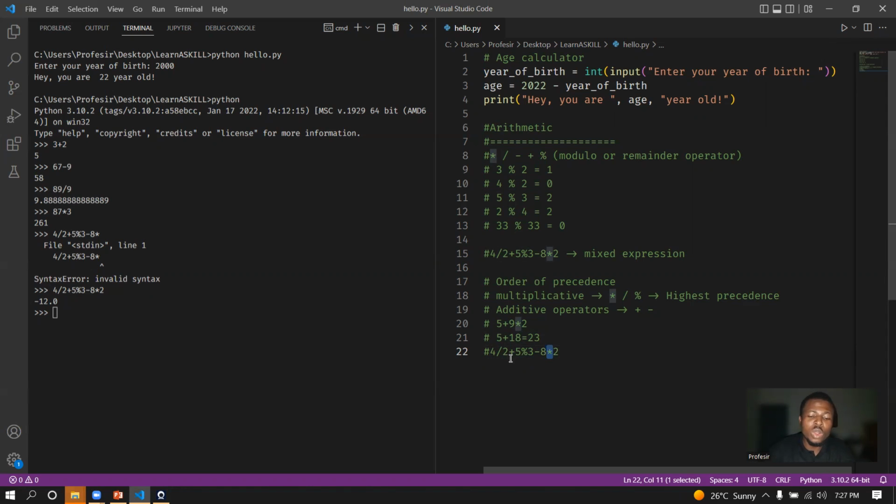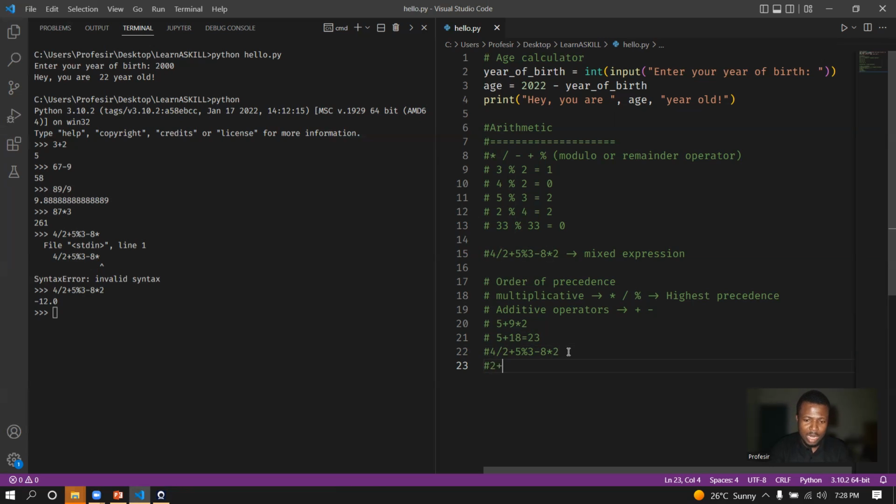The only thing you can do is first come, first serve. So in this case, since division is coming first, you have to evaluate division first before the next. But you have to make sure you evaluate all the multiplicative operators before you come to the additive operators.